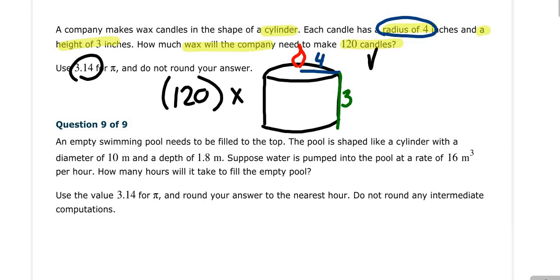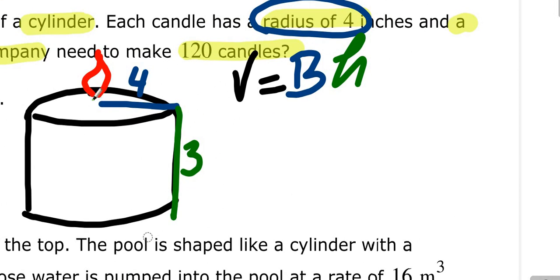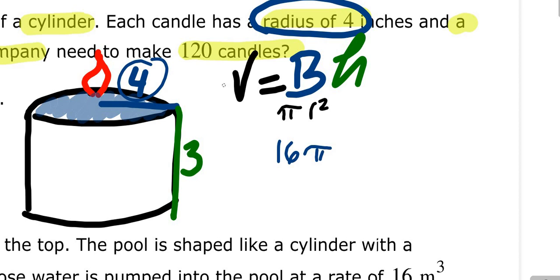So volume of a cylinder, volume equals base times height. Our base here is not 4. Our base is a circle, which is pi r squared. So we square that 4, we're going to get 16 pi times the height, which is 3.